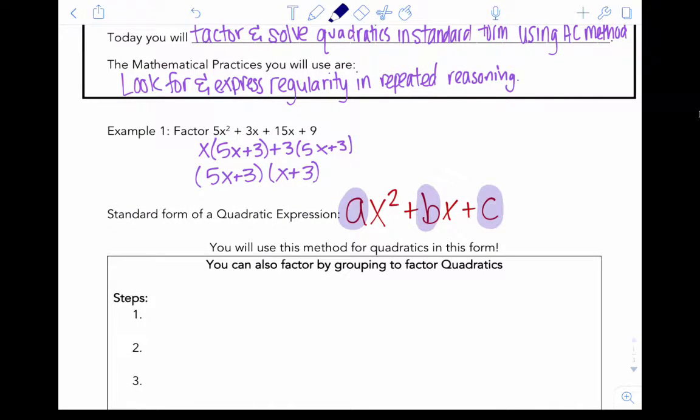So this AC method, we have a few steps that we are going to go through.